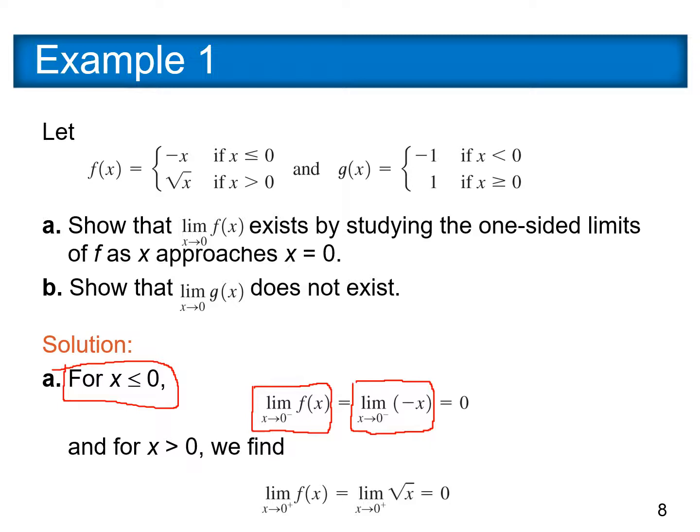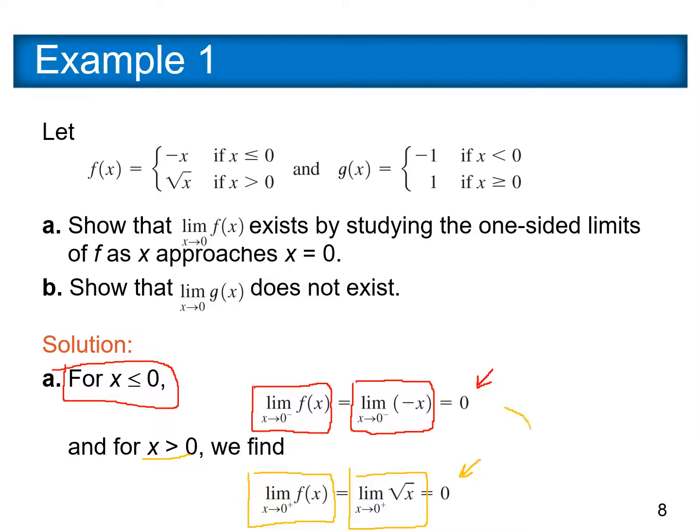If I substitute x by 0, I get 0, and therefore we found the left-side limit right there on that arrow. Now I'm going to use orange for the next one. When x is greater than 0, then for my right-hand side limit, instead of substituting f of x with minus x, I have to substitute it with the square root of x. When I substitute x again by 0, we find that it's also 0.